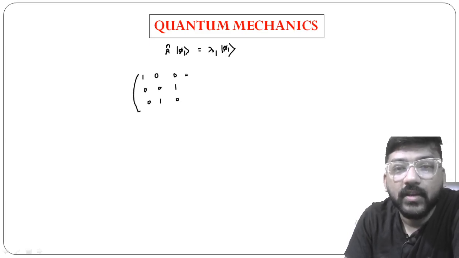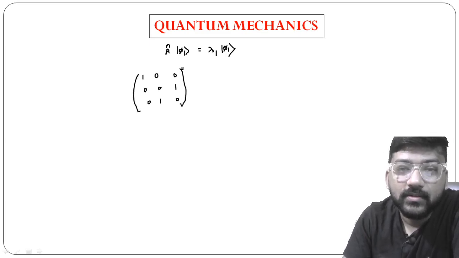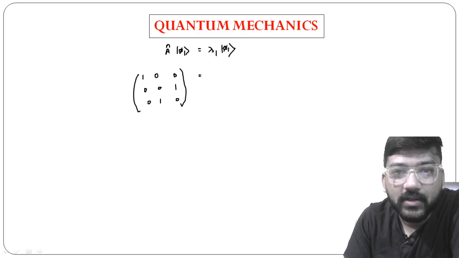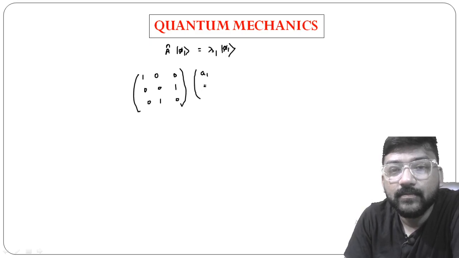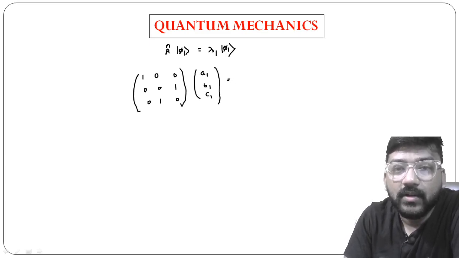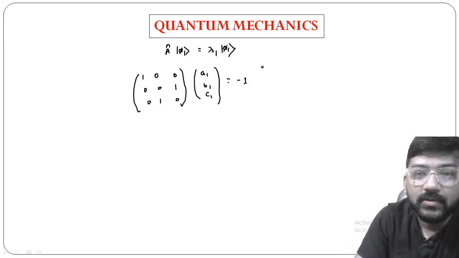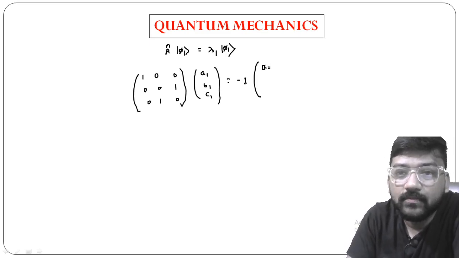So this is our A cap, and phi can be represented, as I have told earlier, by a column matrix. Suppose this is just a1, b1, c1, and lambda 1 is minus 1, and this is also a1, b1, c1.